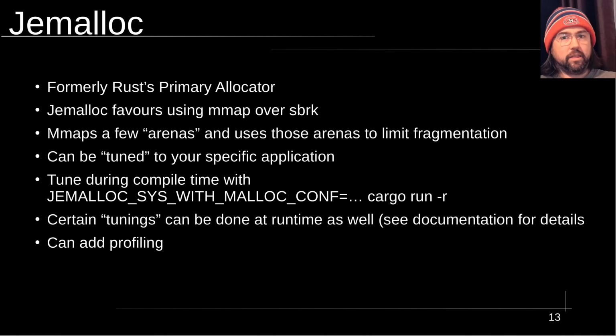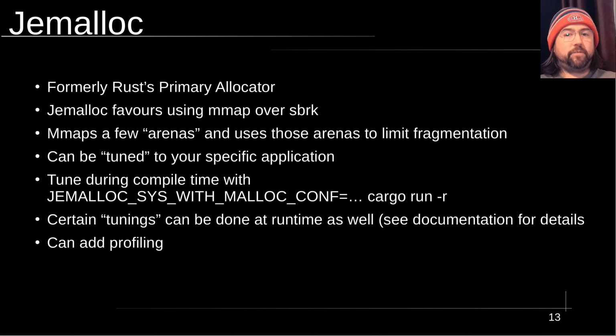Since then, they've taken jemalloc out as the only allocator, and given Rust programmers the ability to use different allocators as they see fit. But they've also introduced the system allocator, whatever your operating system will give you.